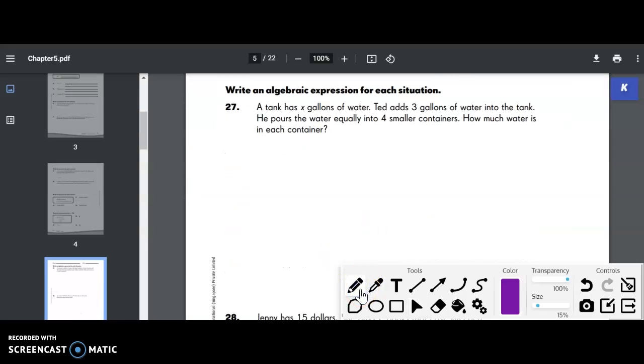All right, a tank has X gallons of water. Ted adds 3 gallons of water into the tank. He pours the water equally into 4 smaller containers. How much water is in each container? Okay, so we start with this tank that has X. Then we know he adds 3 more gallons. And then he takes this whole thing and he splits it up. So I need to divide this whole thing into 4 equal groups.